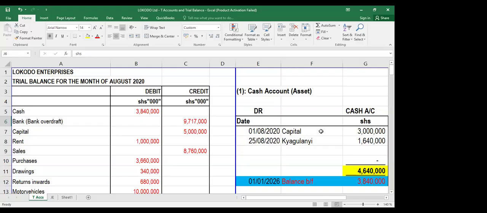What I was trying to bring out is that if you have 5 questions and you have to pick 4, but you've not appreciated this concept of double entry, and the examiner has brought you prepare ledger accounts and trial balance, that is one question. Then another question is correction of errors.